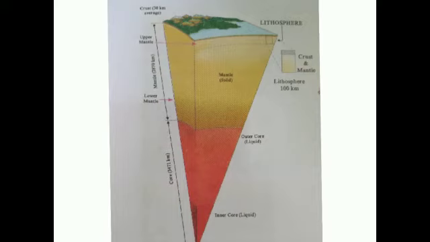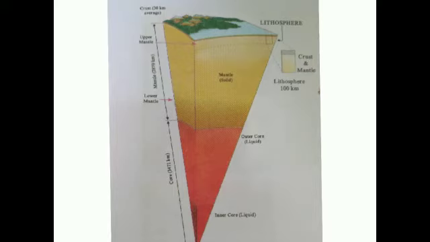The density of continental crust is 2.65 to 2.9 gm per centimeter cube, and granite rocks are found in this layer. The continental layer is very easy.